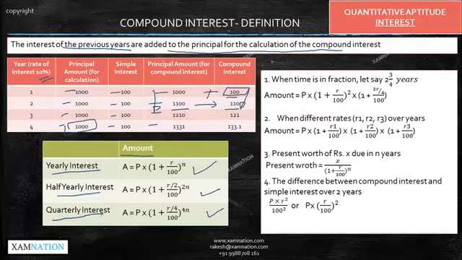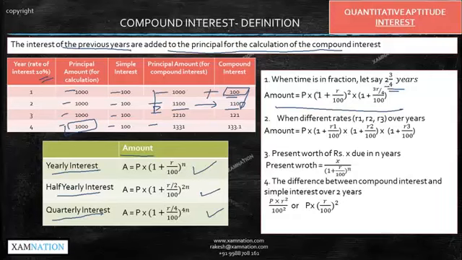All right. Let's take some of the cases which could be asked. Basically, when time is in fraction, let's say time is not given as 4 years, it is given as 3 upon 4 year. We will calculate the amount differently for each part.